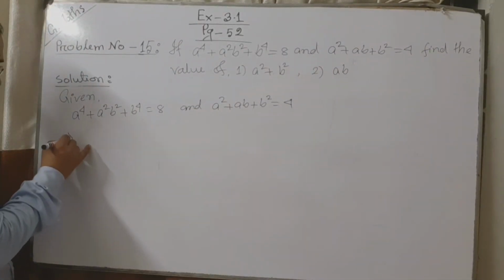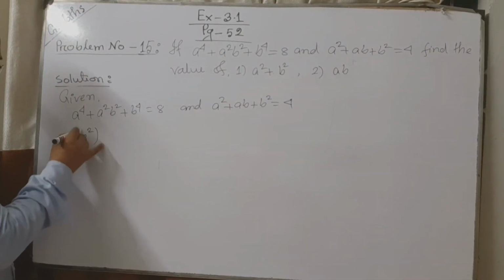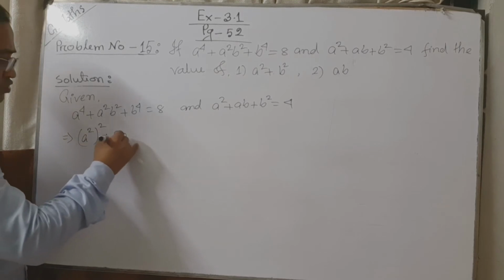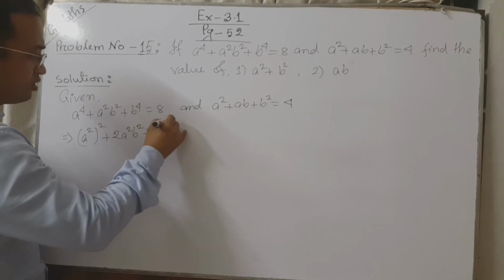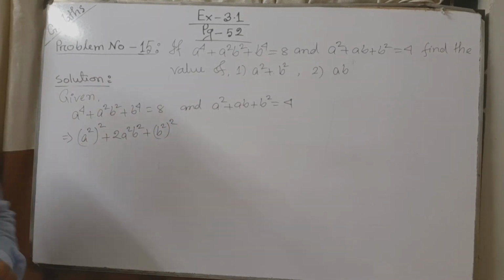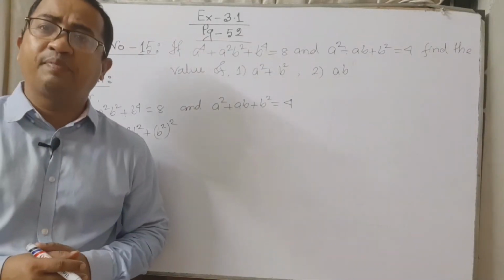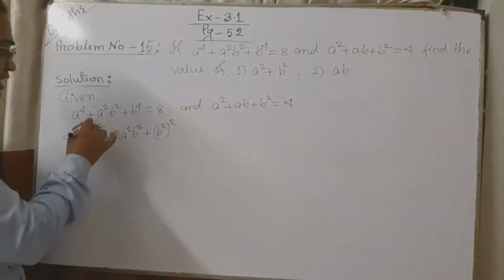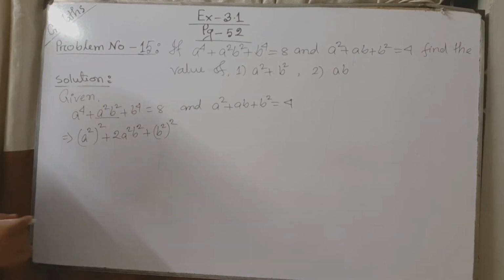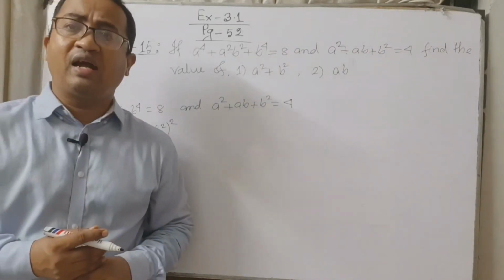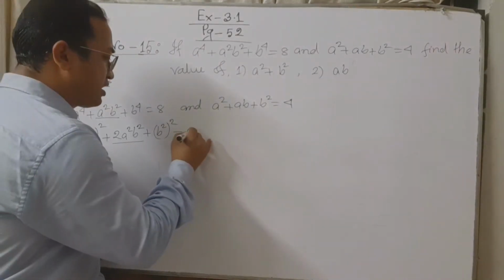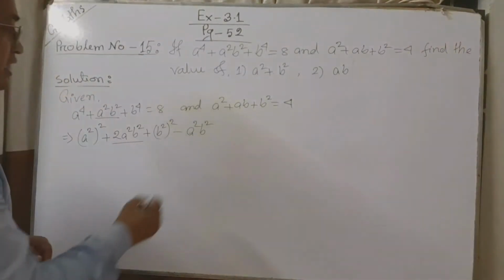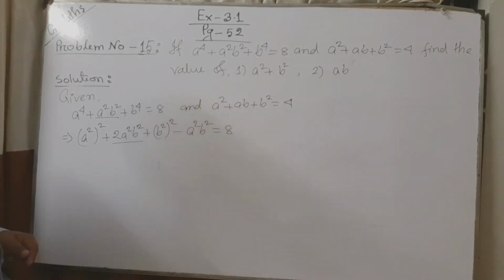Look, we can write this as a square whole square plus 2 a square b square plus b square whole square. Why do I write like this? To make the formula a plus b whole square. But look, it has given a square b square, but I have written 2 a square b square, so I have written 1 a square b square more. For that reason I will subtract a square b square and it is equal to 8.